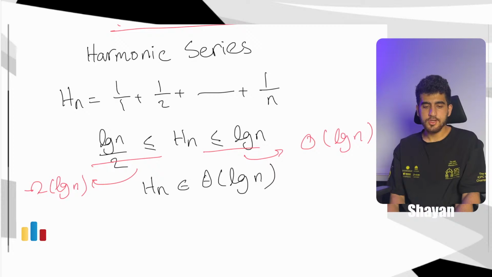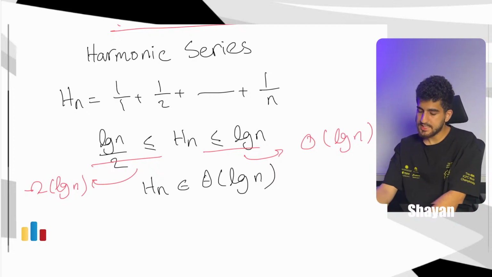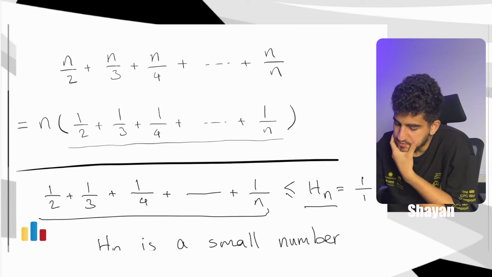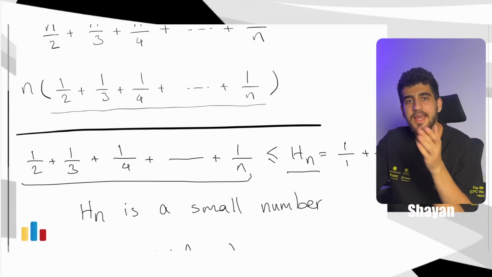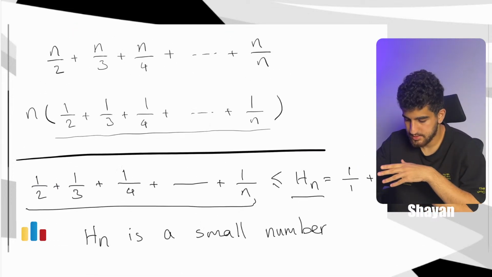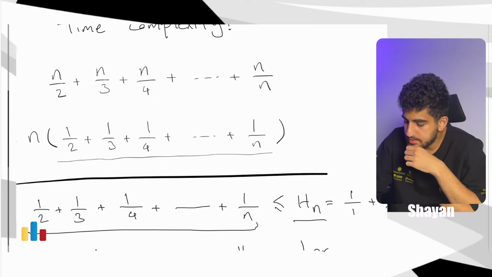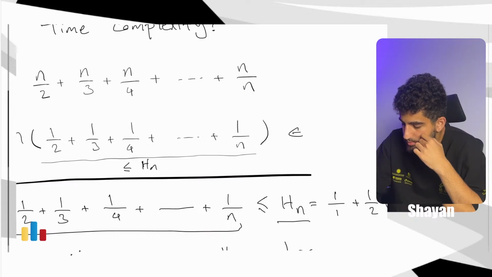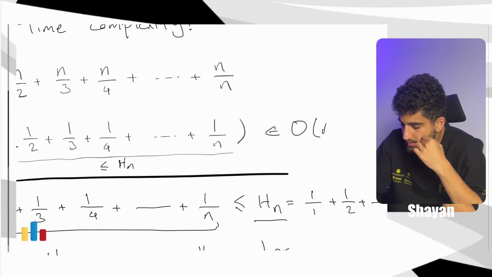So now that we know this, let's get back to our algorithm. We had an algorithm to find prime numbers that led us to the harmonic series. Now we know that this number is at most H of n. I mean, if you add only 1 to it, it would be H of n. So this is from O of n log n.